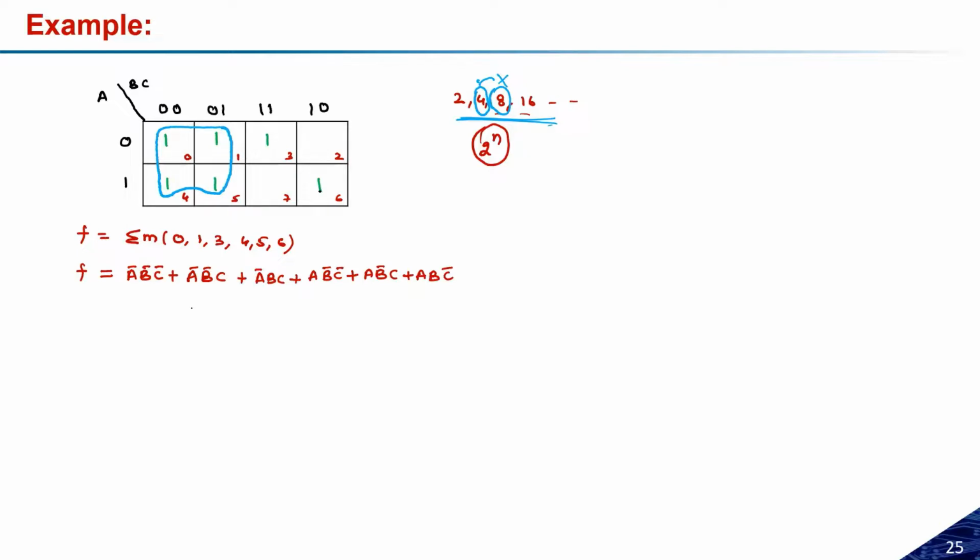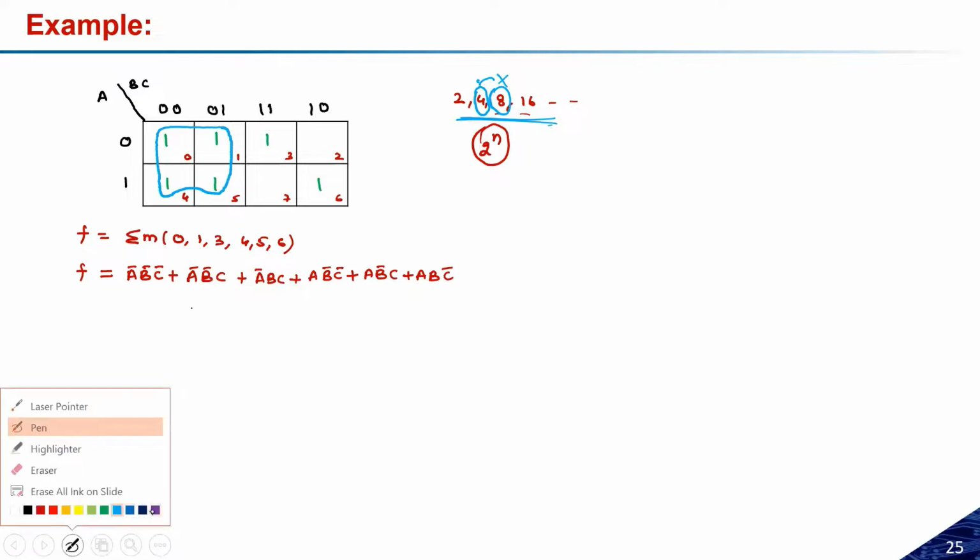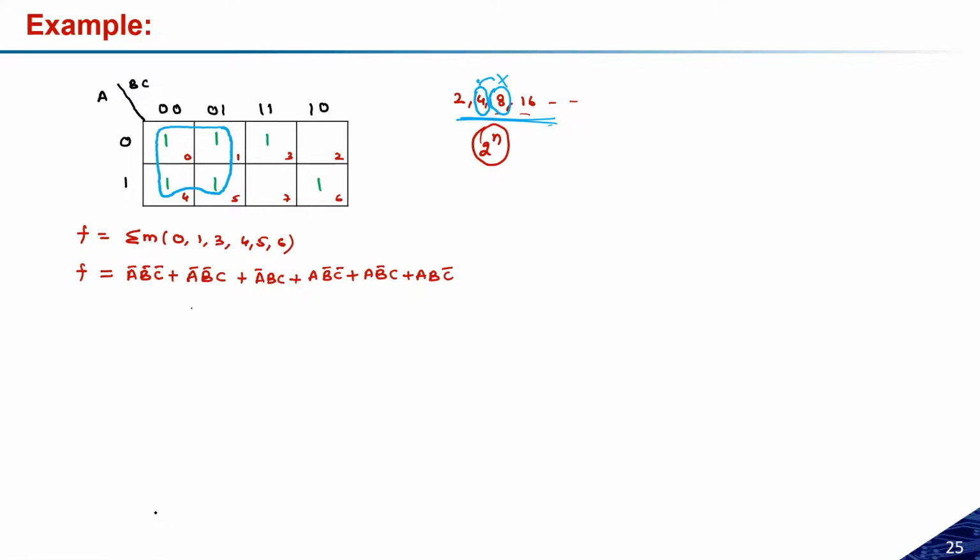Now 2 ones are left. So I need to find how we can make a pair of those 2 ones as well. If you see here, this one can be paired with this one, so that min term can be considered. So the next rule comes here.